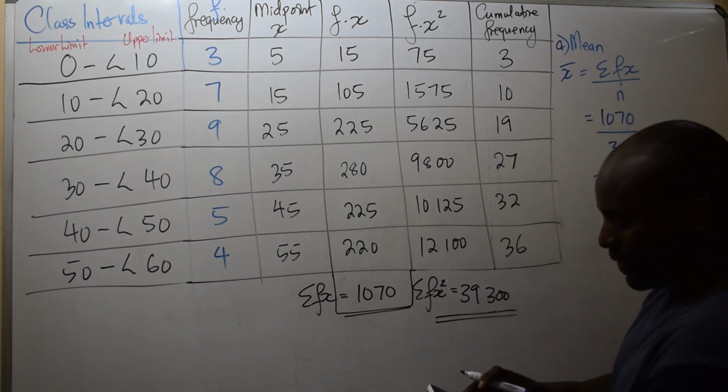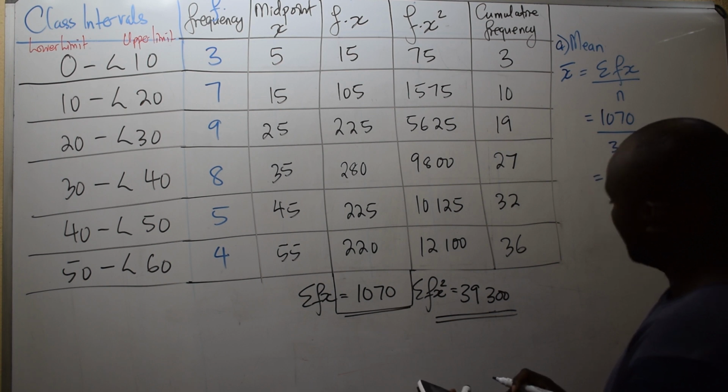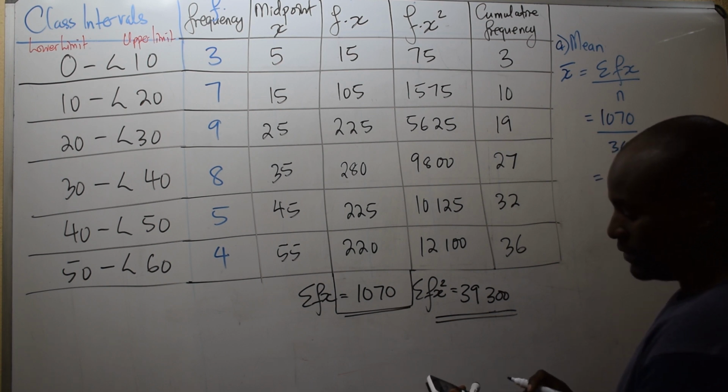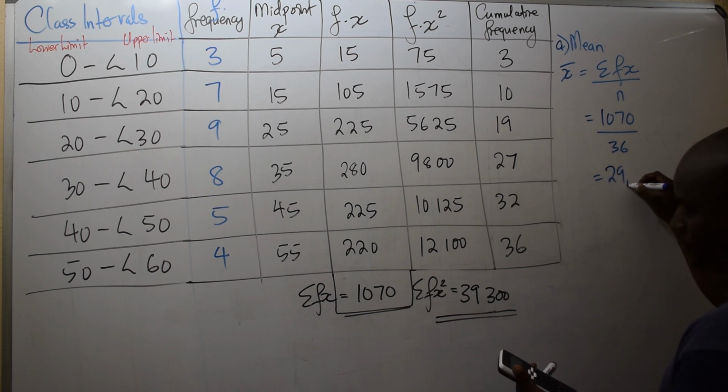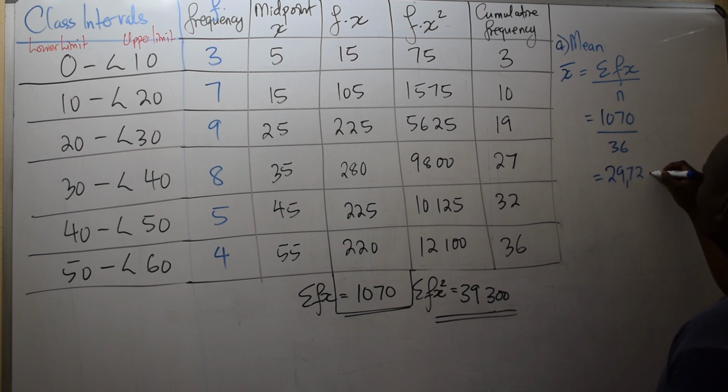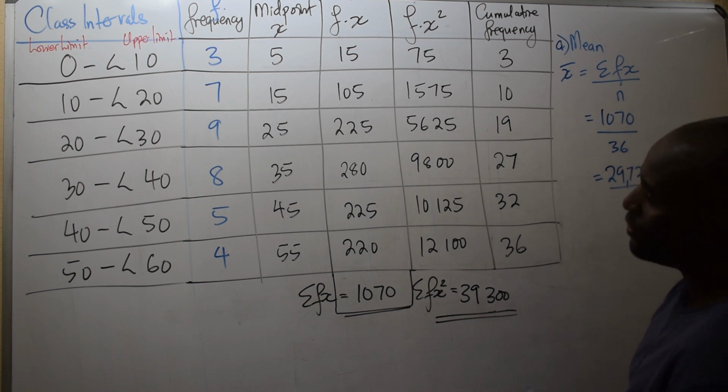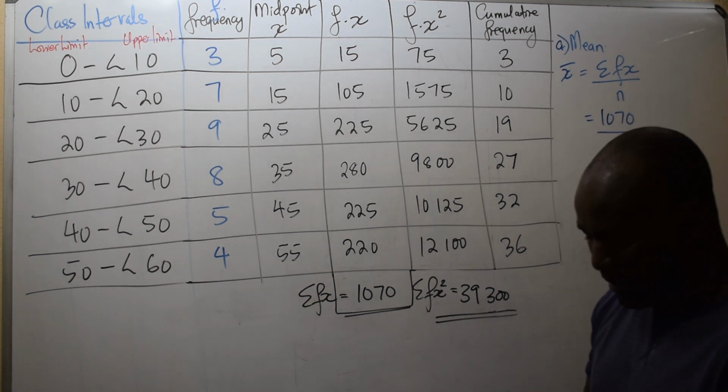So our average, 1070 divided by 36, equals 29.72. These are minutes, of course. That's your average. That's your A.